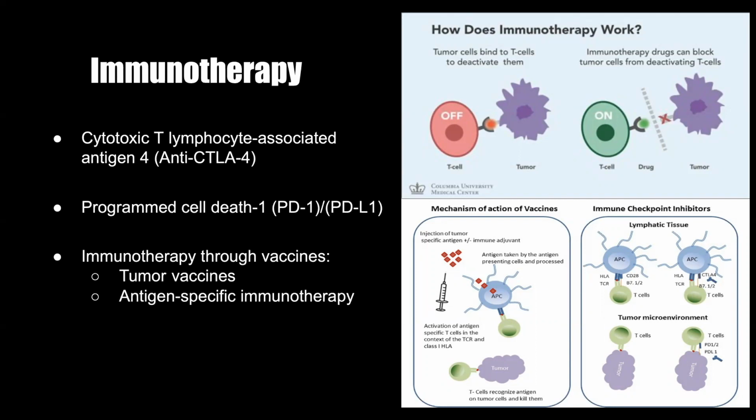And then we also have the programmed cell death pathway, which prevents T cell activation through downregulation of the immune system and promotes self-tolerance and reduces autoimmunity.